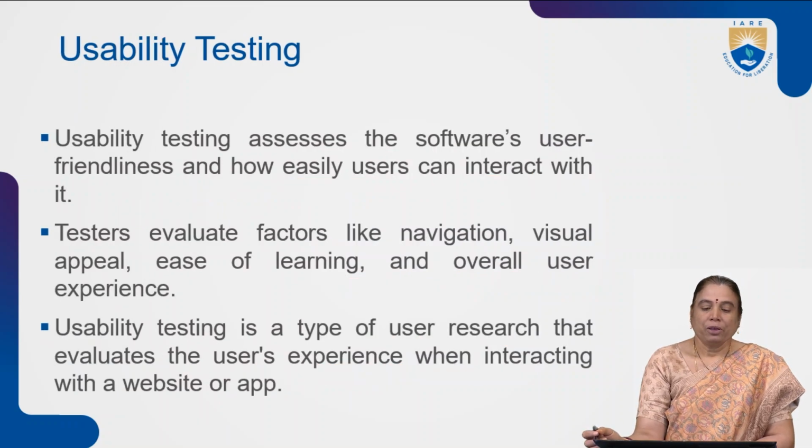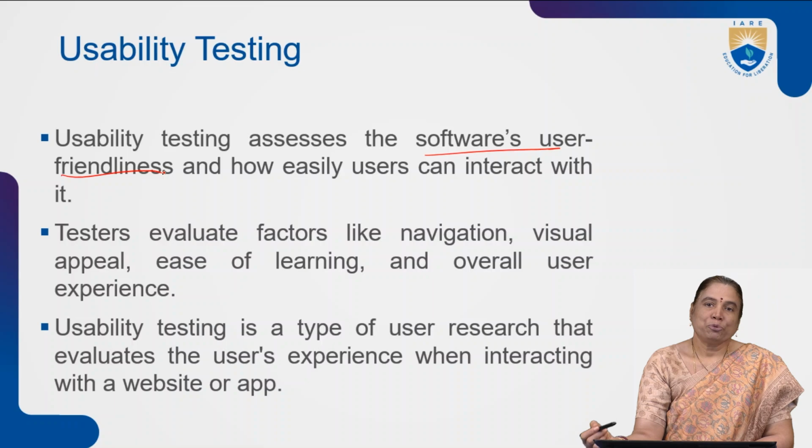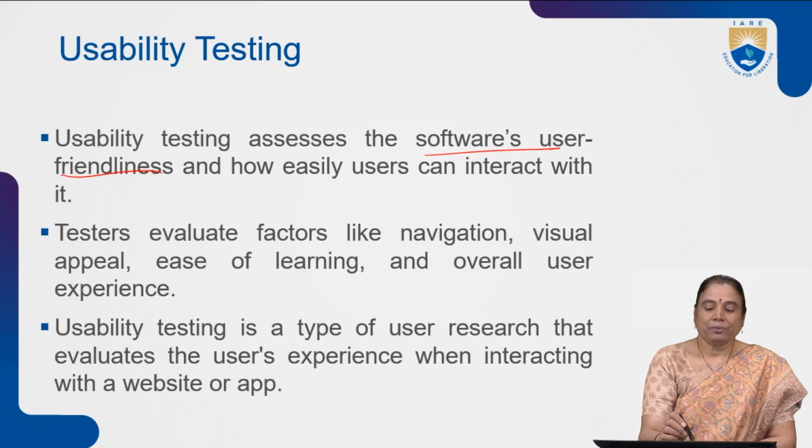Usability testing. Usability testing assesses the software's user friendliness, how easily the user can interact with the software application. API testing is majorly concentrated in case of usability testing. So here the tester evaluates factors like navigation, visual appeal, as well as ease of learning and overall user experience.